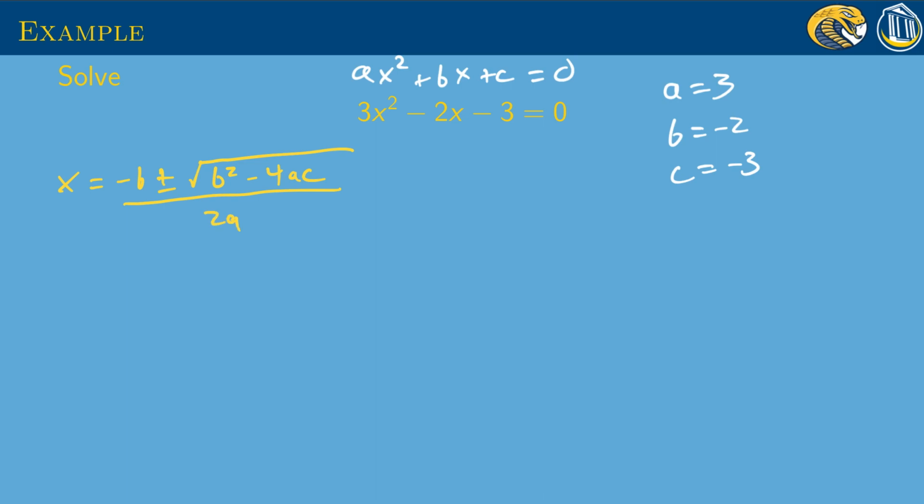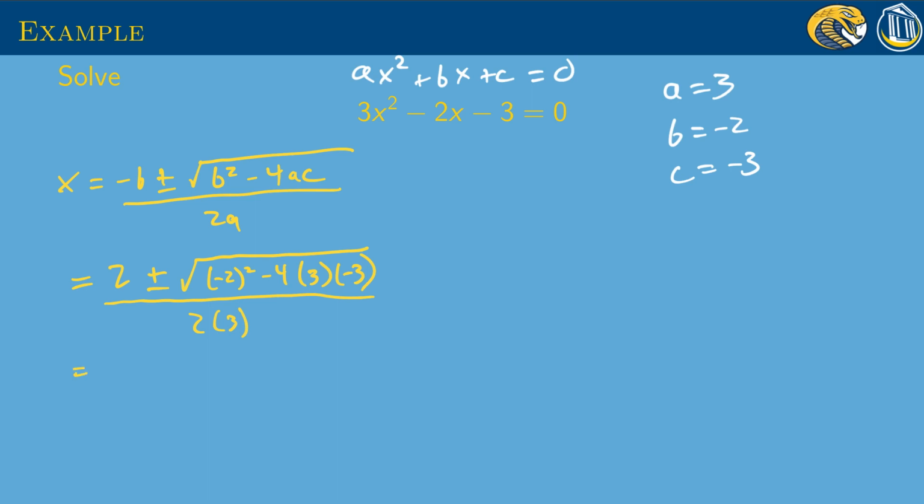Let's plug in what we know. Negative b, that's positive 2, plus or minus the square root of b squared minus 4 times a times c, all divided by 2a.